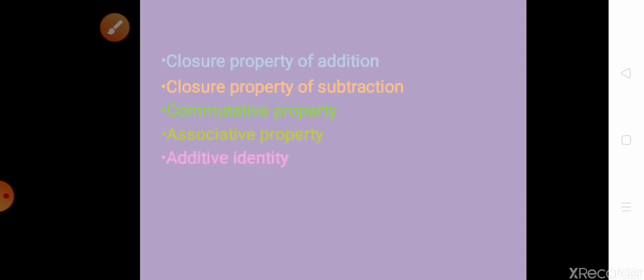Now in today's class we discussed the closure property of addition, closure property of subtraction also. Then we discussed the commutative property of both addition and subtraction, and we found out that addition is commutative while subtraction is not at all commutative, right? Then we discussed the associative property, and lastly we discussed the additive identity.